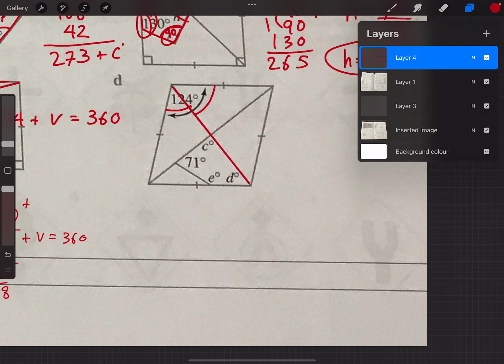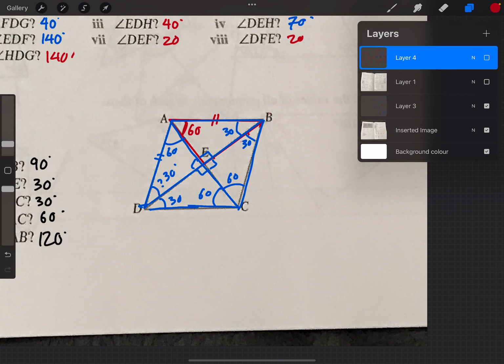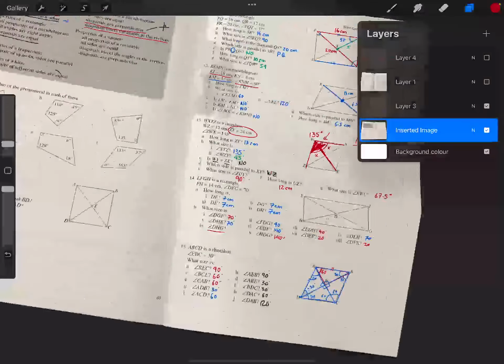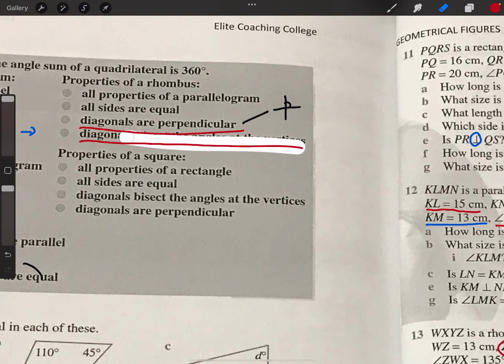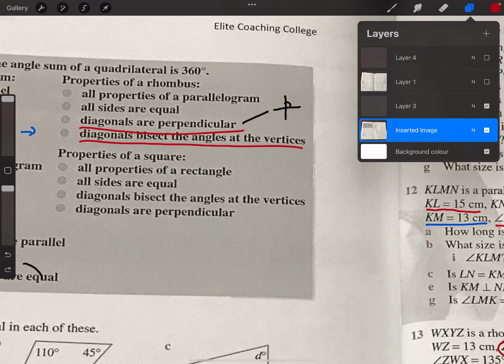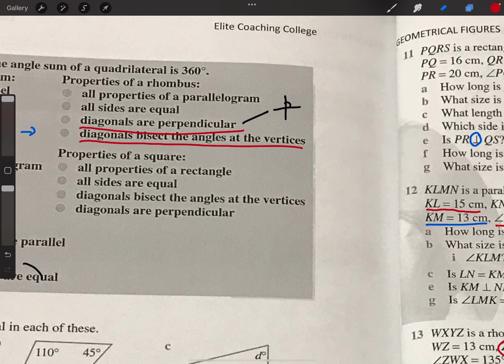Now if you want, you can go back and read this one here. Let's have a read here. This is a rhombus. As you can see, it says here, diagonals bisect.